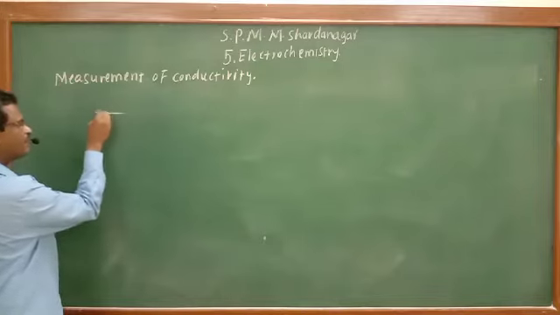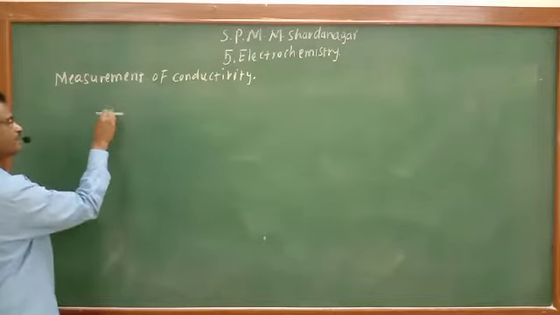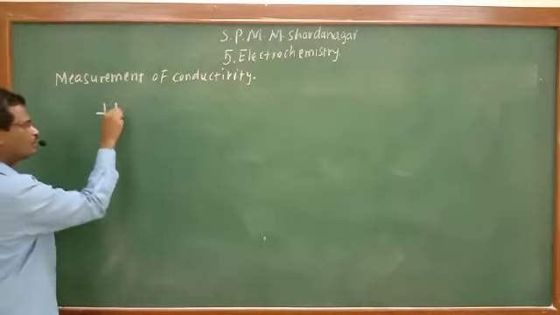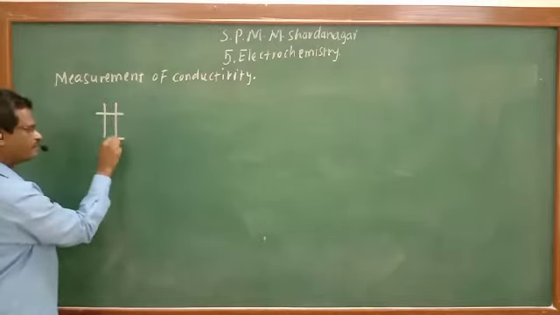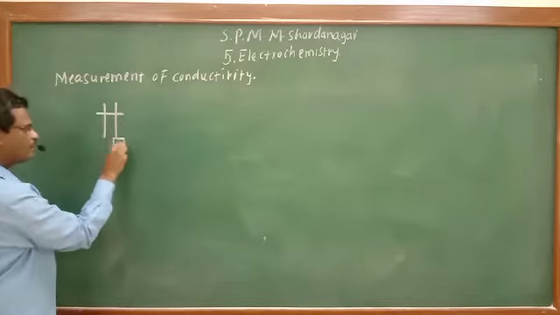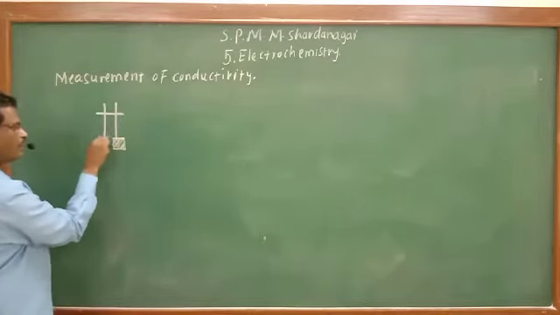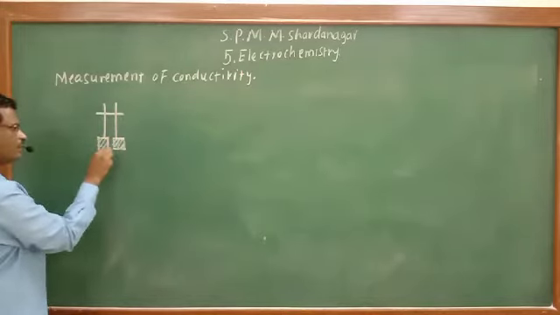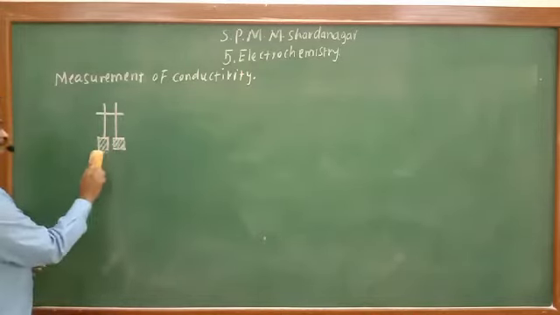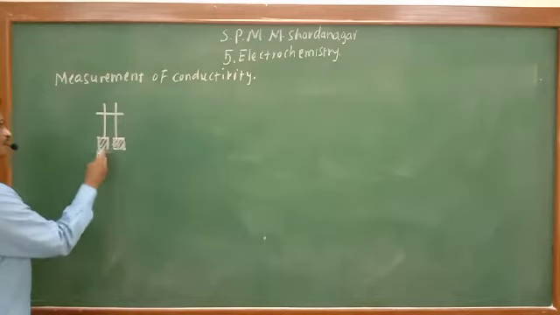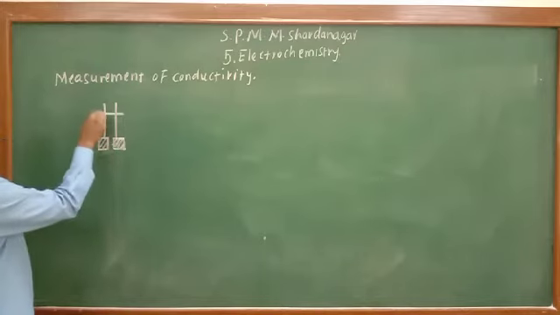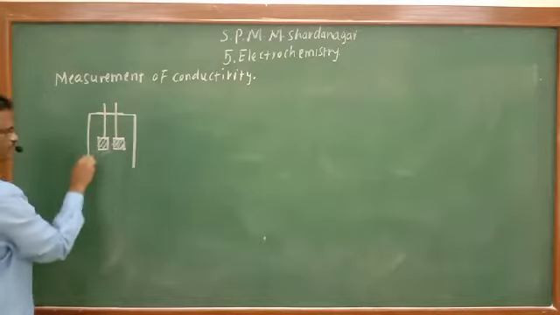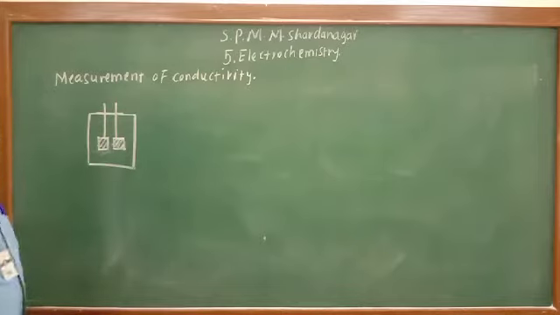Conductivity cell is nothing but a glass tube which is fitted with two platinum plates which are covered by platinum black, done by electrolysis in chloroplatinic acid, and this is taken in a tube. This is nothing but the conductivity cell.